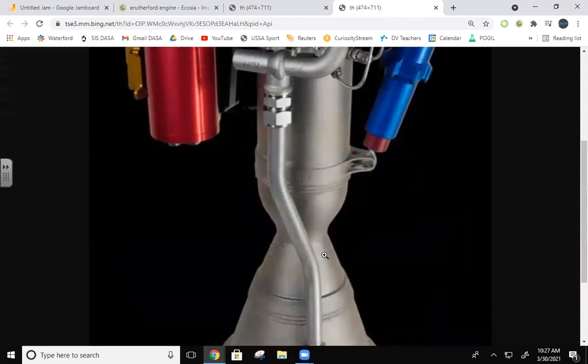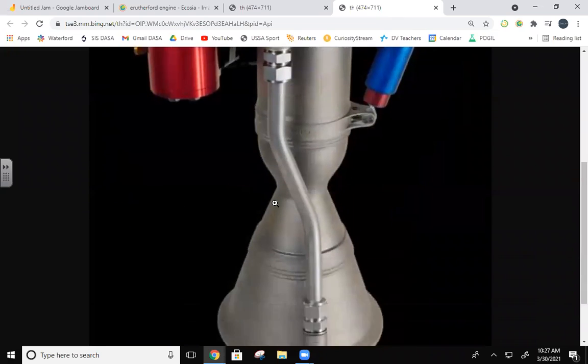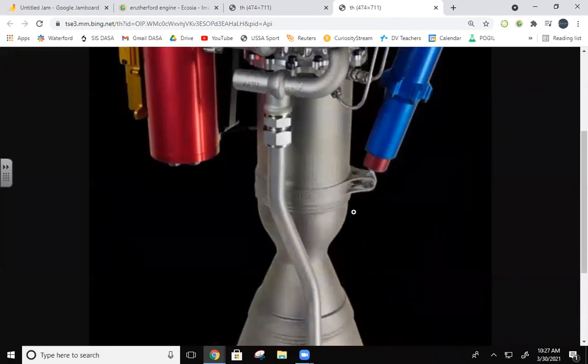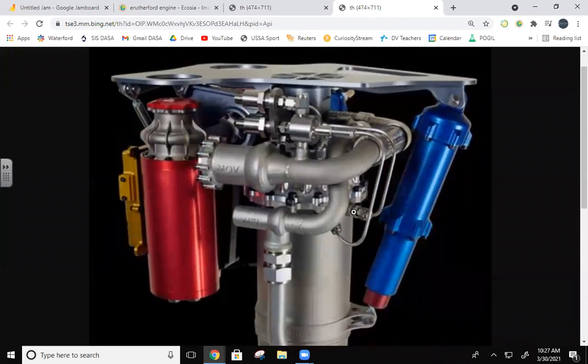First of all, this entire portion is 3D printed, which is cool. All these pipes are 3D printed. How does it survive the heat? 3D printed like plastic? The Electron launch vehicle has been launching since 2016 or 2017, using the Rutherford.